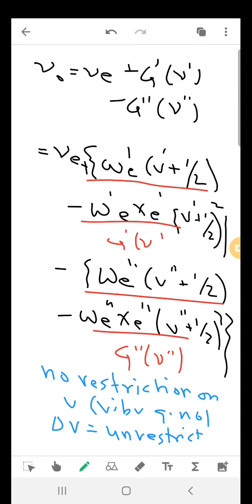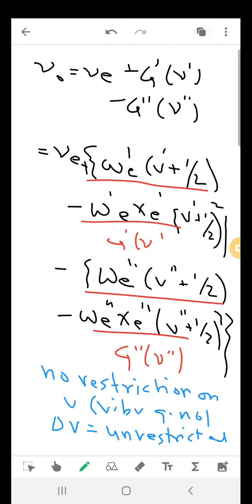It can take any values. This means that the principal transition from each vibrational level of the upper electronic state can take place to each of the vibrational levels of the lower electronic state. Thus, we can expect a large number of bands from a single electronic transition.